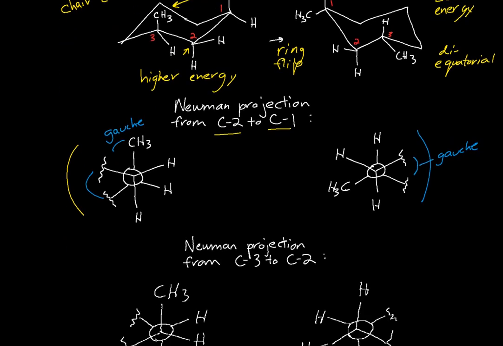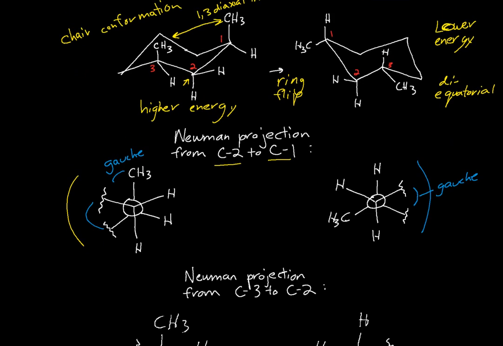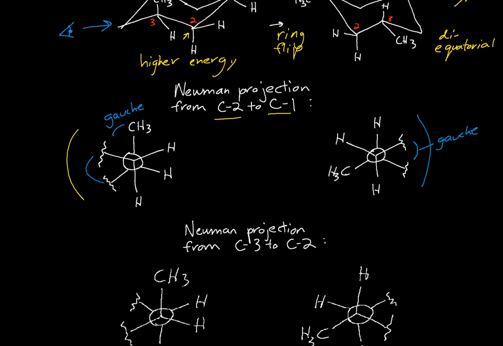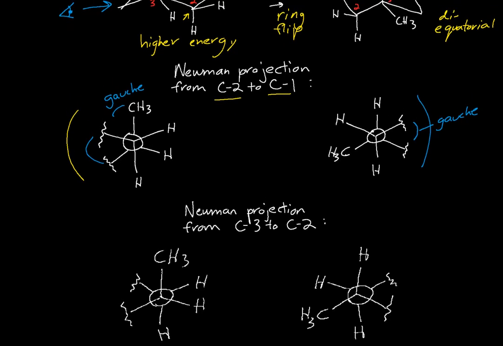Let's do another analysis looking at the Newman projection from C3 to C2, so looking at it in this direction here. We're going to go off the screen a little bit, but looking from C3 to C2, on the left structure right here, we have, again, two gauche interactions. And on the right structure, we have, again, only one.